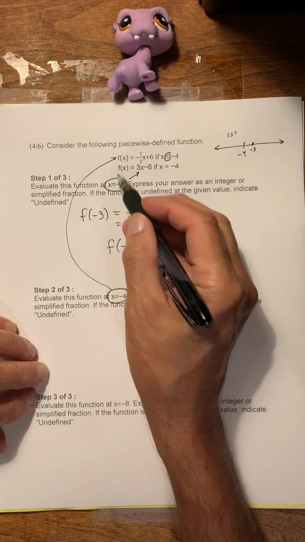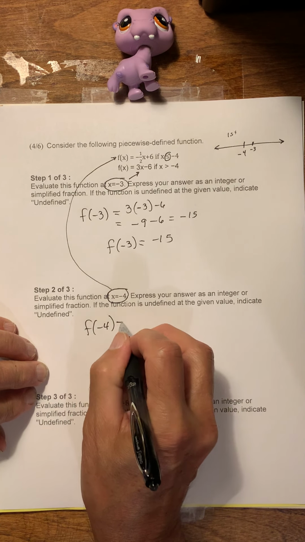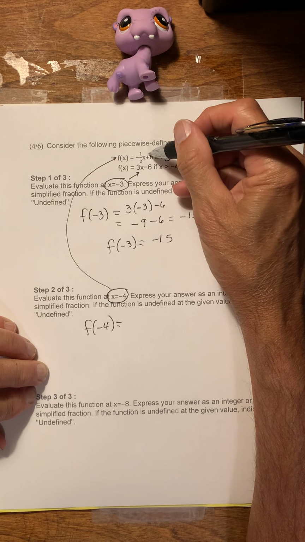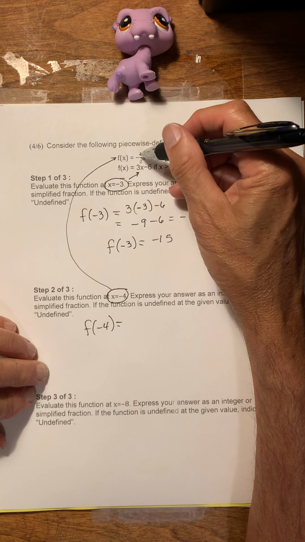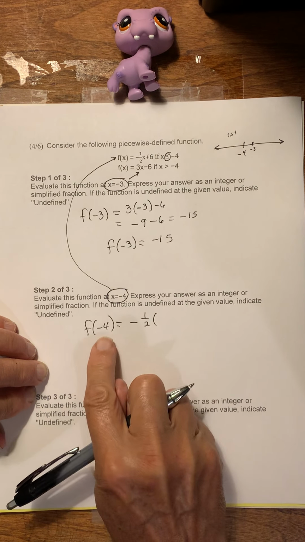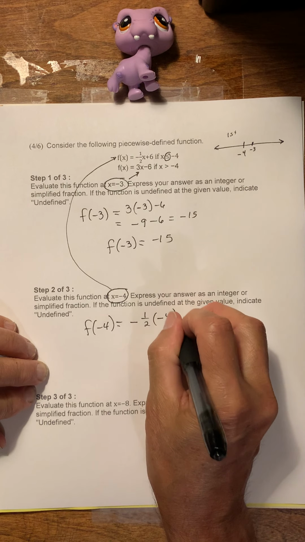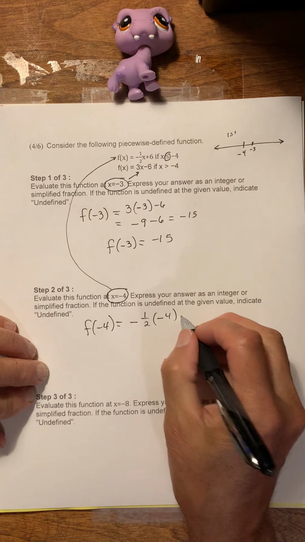So f of -4, I'm going to use the top function. -1/2 times whatever I have, whatever my x is, plus 6.